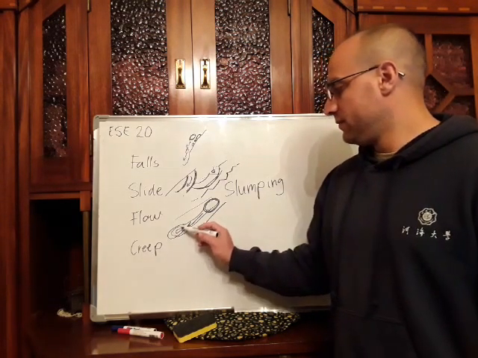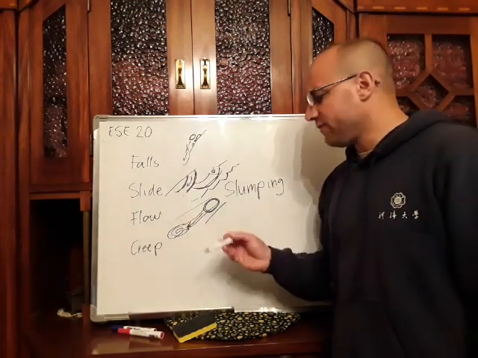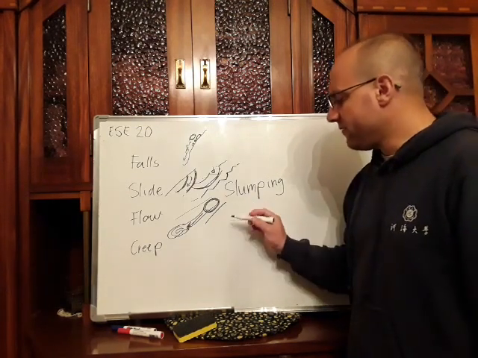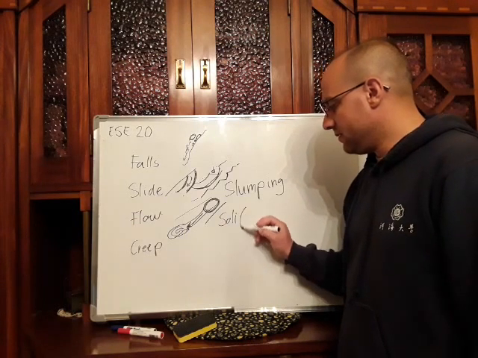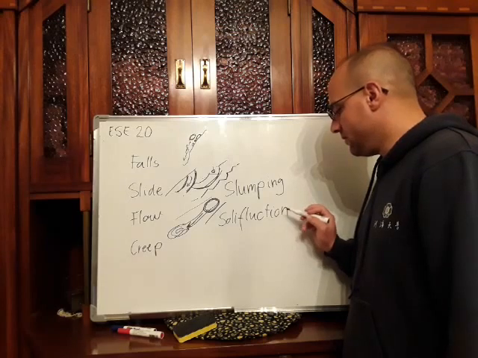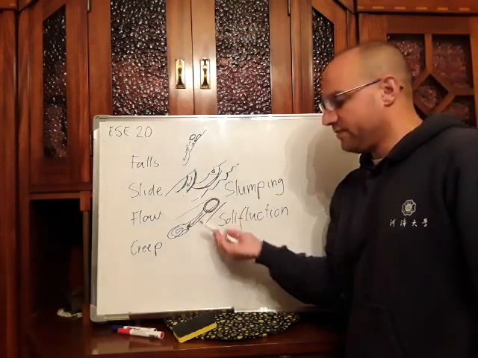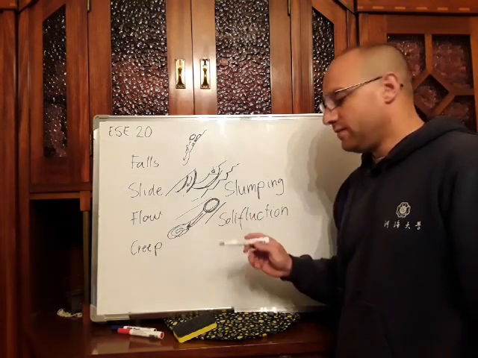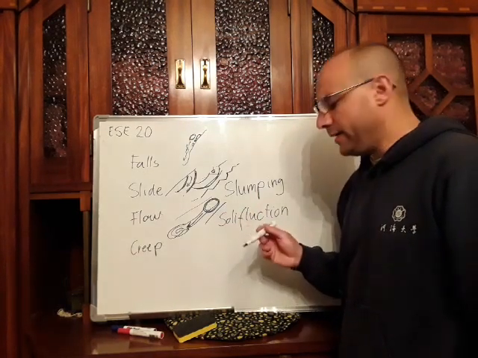A specific form of flow, because we said that flow often would be relatively quick, then a specific form would be solifluction, which is the earth or the soil material flowing on the top of the surface, but relatively slowly.